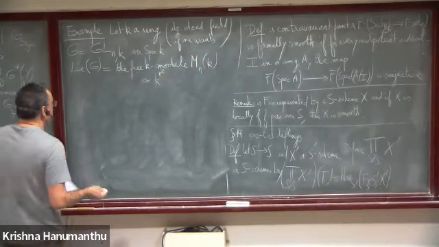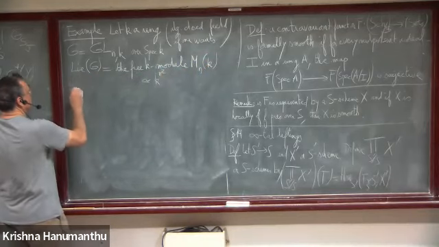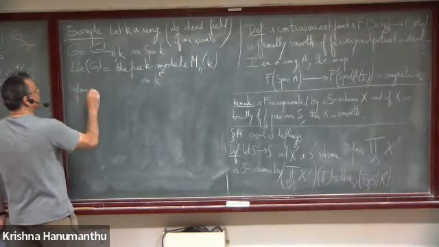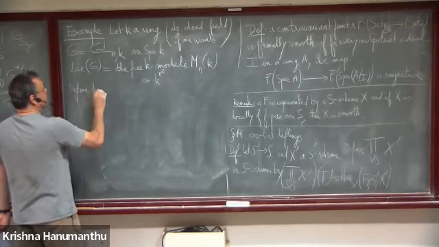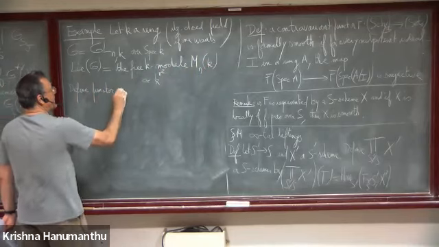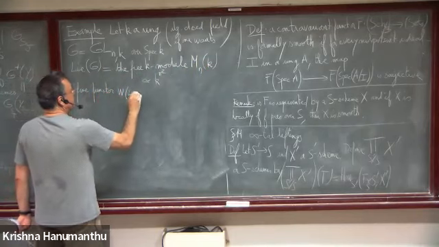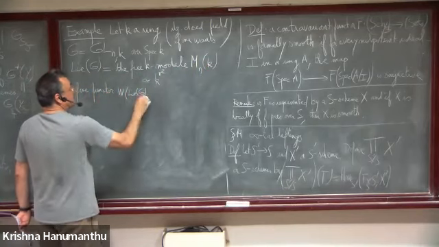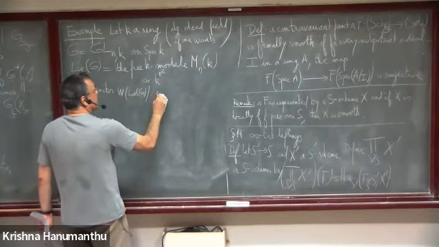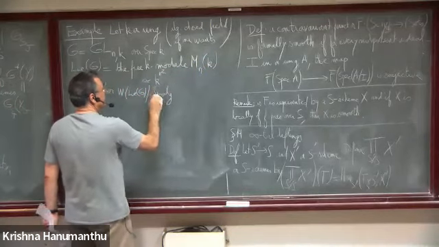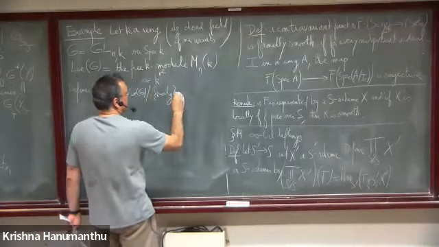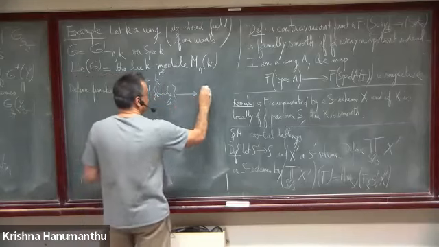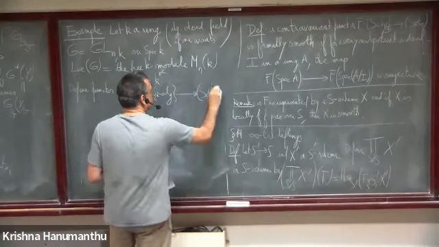And so we define the functor W of Lie G from the category of K algebras to the category of sets, if one wants.